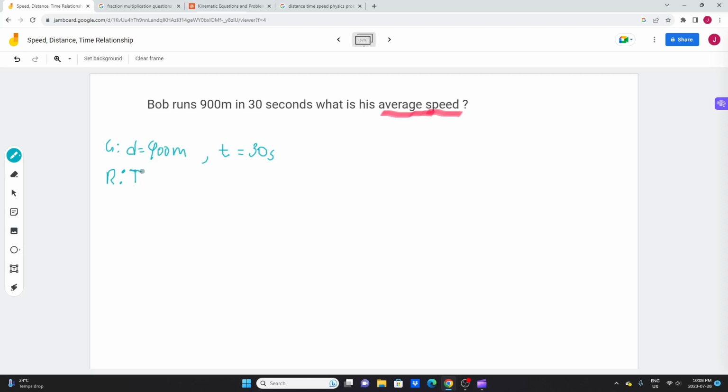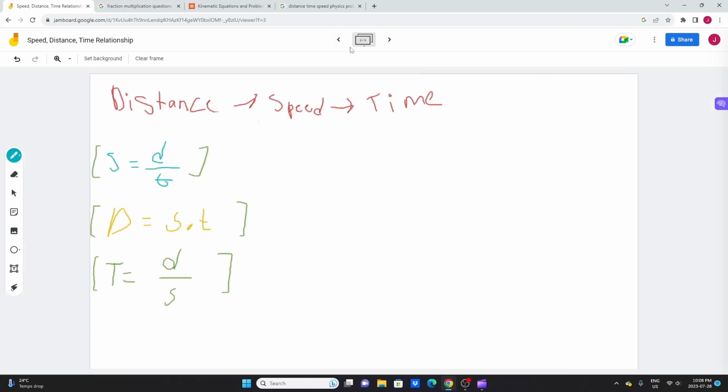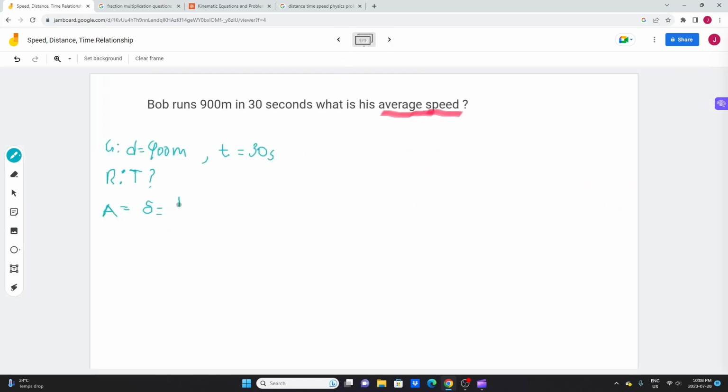We're using the GRASP method right now to figure this out. Required is my time. And my assessment, we know that speed is equal to, as we know here, distance over time. So my solution for this would be speed is equal to 900 meters over 30 seconds.